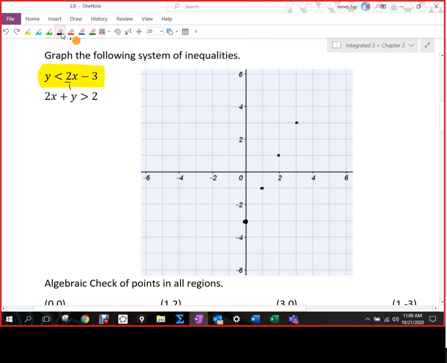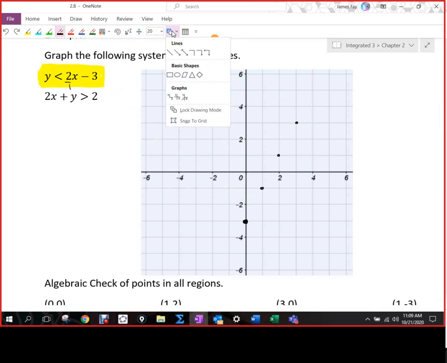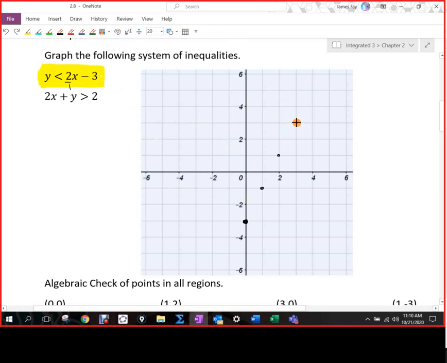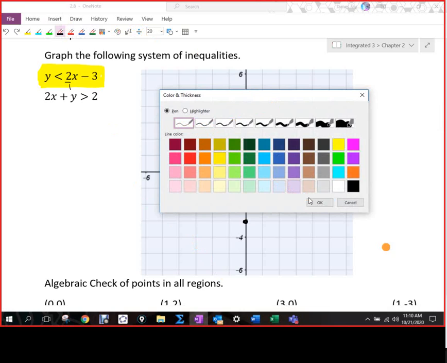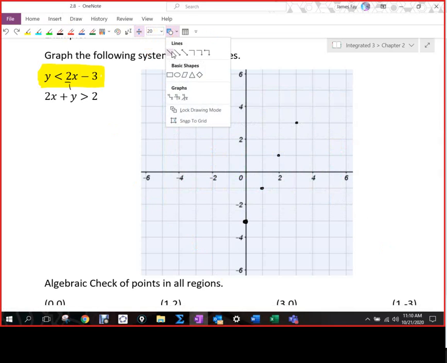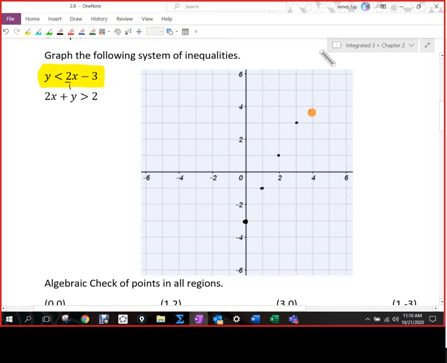There's my line. Does anybody remember when we graph inequalities, what we do?